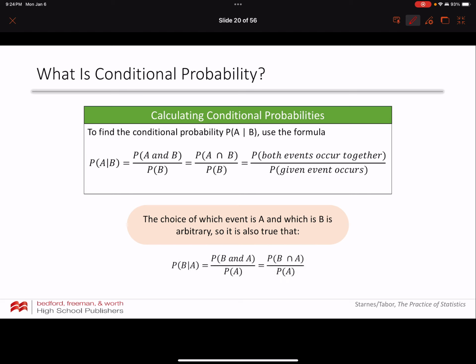So the probability of B given A is still the probability of B and A. And then remember, I'm always dividing by the given probability. And just to look really fast, the probability of A and B is the same exact thing as the probability of B and A. So that numerator would not change. But what would change is the denominator, what I'm dividing by. Because think about it. The given part is what I assume to have already happened.